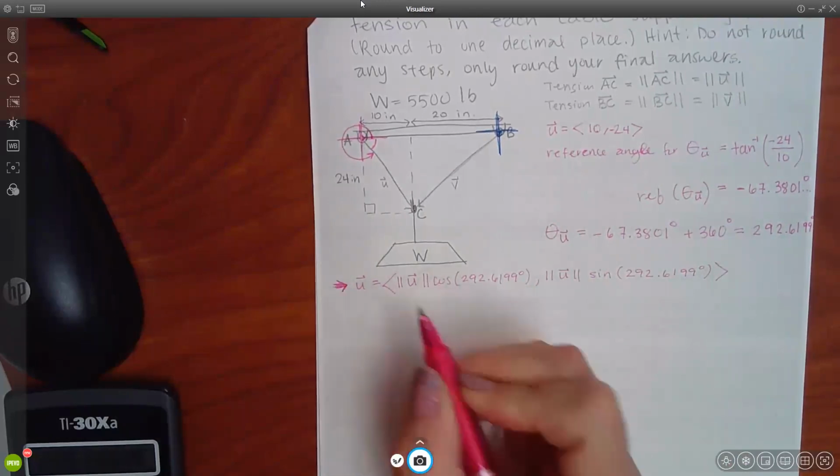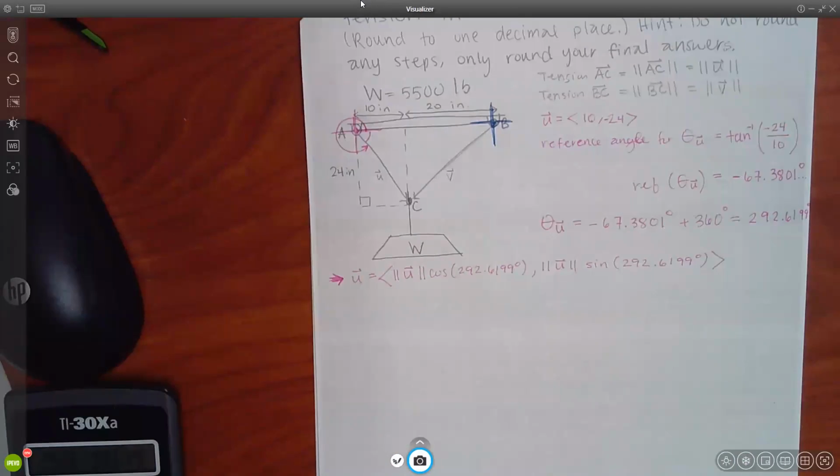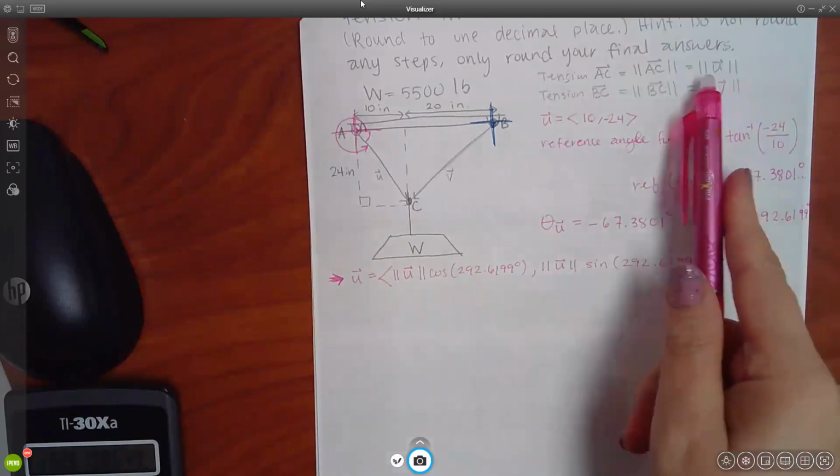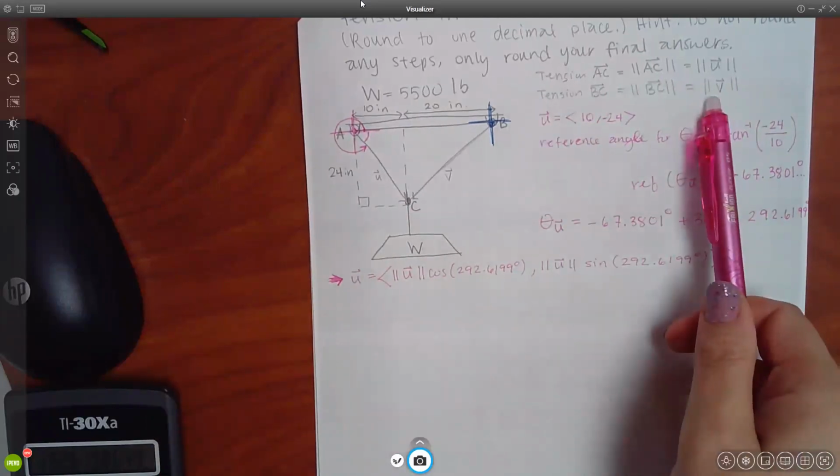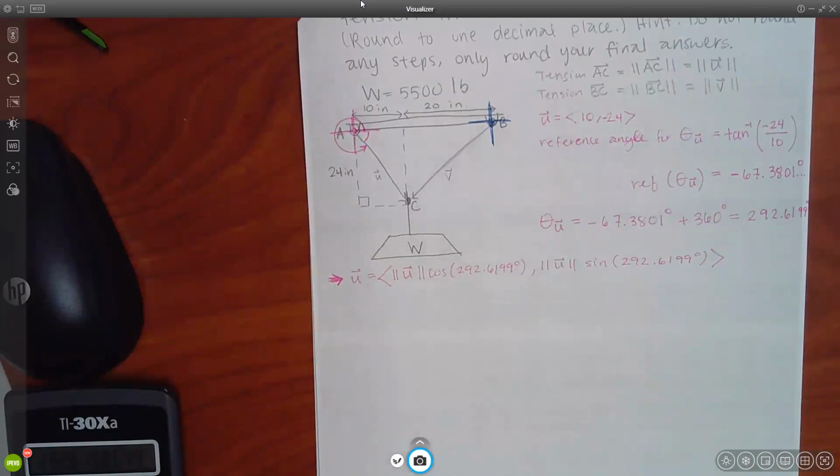That is another way to write u that will incorporate the magnitude. And I want that magnitude in there because that's what I'm trying to solve for. I want to know what the magnitude is. I need to figure out what the magnitude of u is to give them that answer, and I need to know what the magnitude of v is to give them the tension for the other rope.